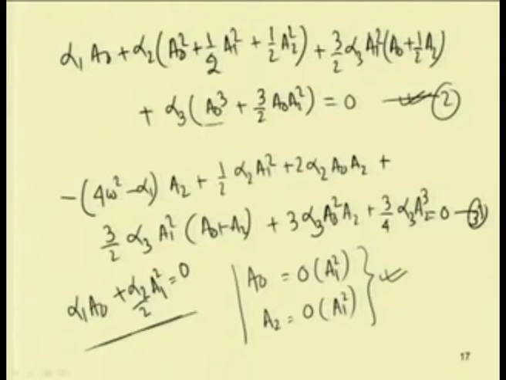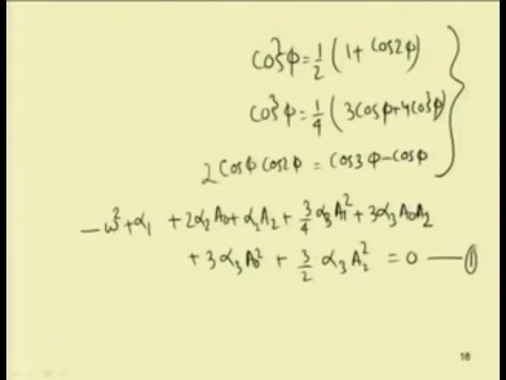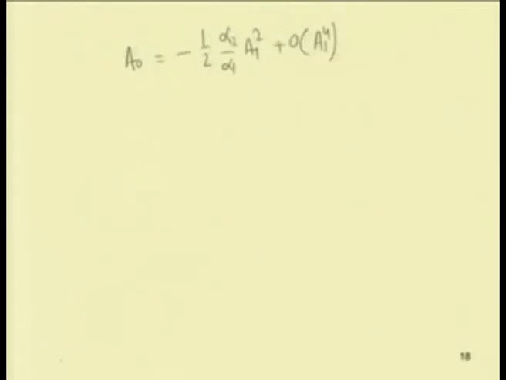In the third equation, we have a term 4 minus 4 omega square minus alpha 1 into a2, and in the first equation we have this term minus omega square plus alpha 1. So, if I multiply 4 a2 in equation 1 and subtract that from equation 3, then we can write this way.